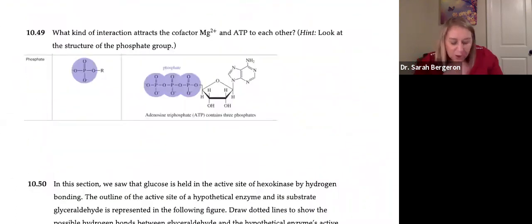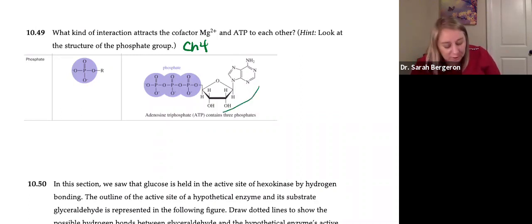Okay. So what kind of interaction attracts the cofactor Mg2+ and ATP to one another? Hint, look at the structure of the phosphate group. So if you go back, I got this from chapter 4, the section where all of the functional groups were. So here's the structure of ATP.